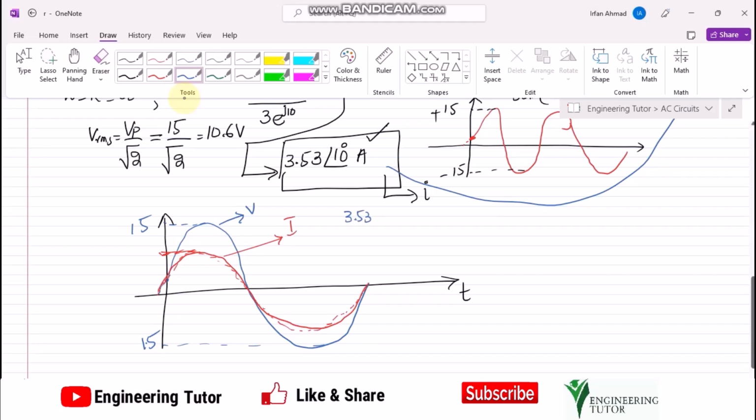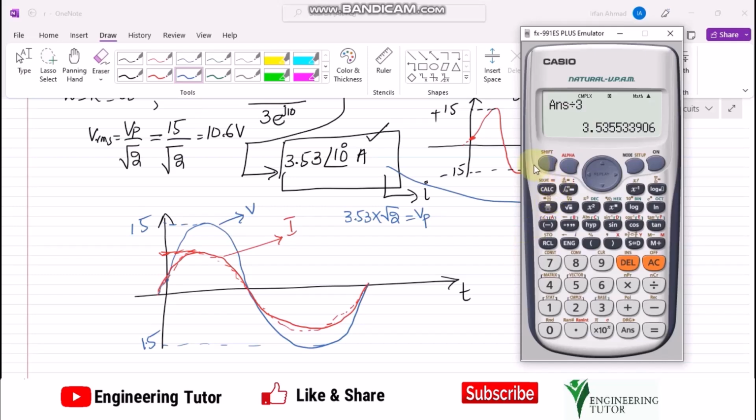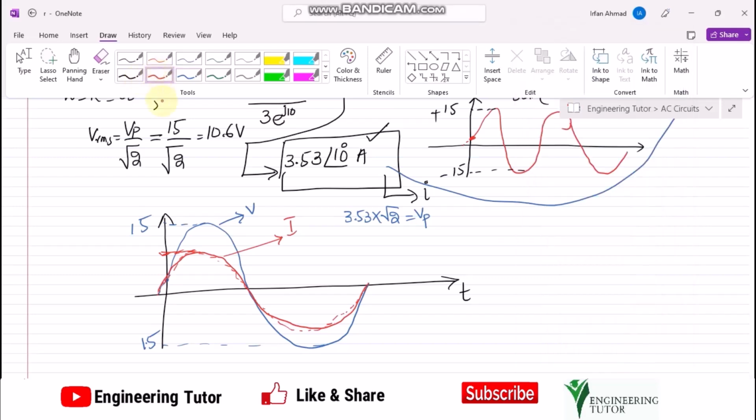In order to find the peak value, I have to multiply it with square root of 2. Multiplying it with square root of 2, I get 5. So this one is 5, while this one is minus 5.